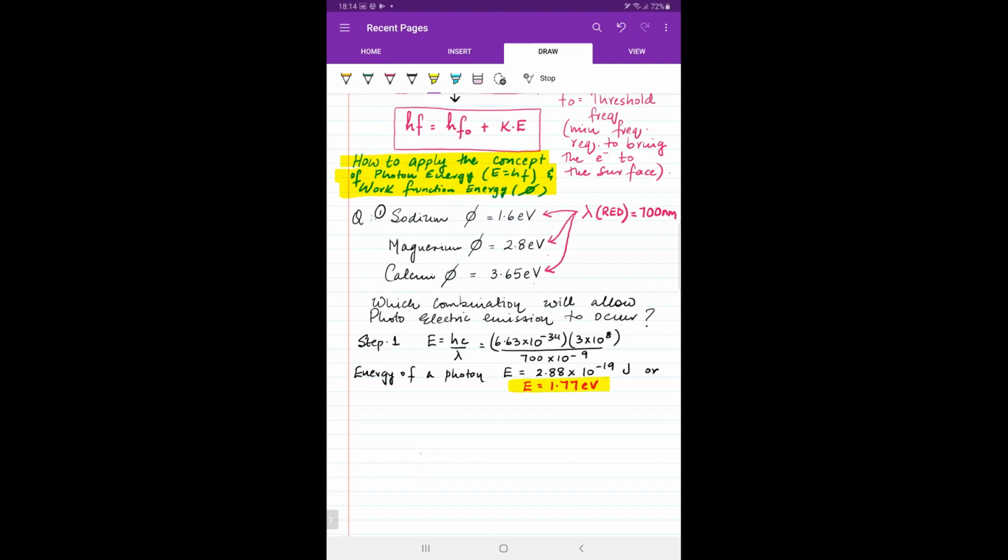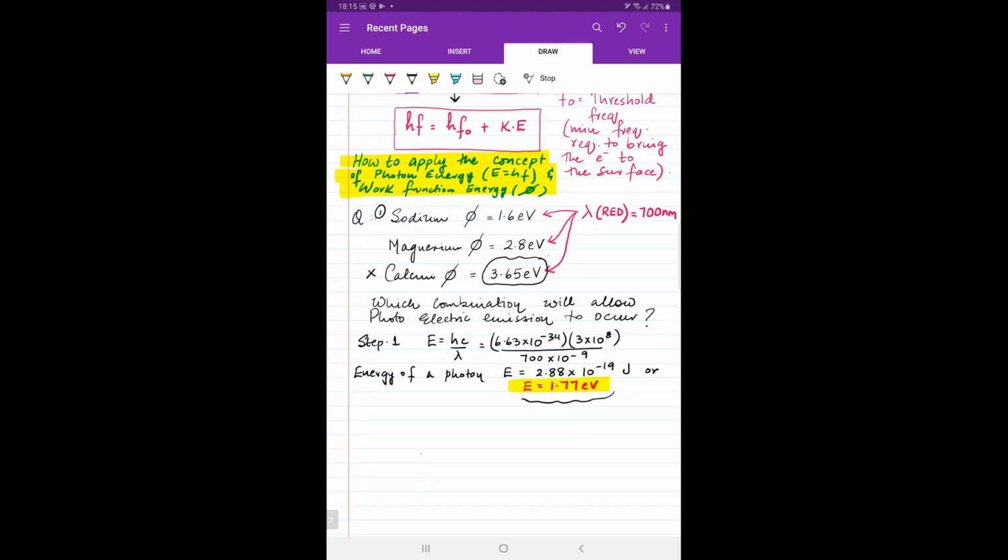Now to recognize, will this photon be able to cause any photoelectric emission or not? Certainly not with calcium. Why not with calcium? Because the work function is quite high and the incoming photon is coming in with a pretty low energy. So it will not be able to overcome the work function as far as calcium is concerned.